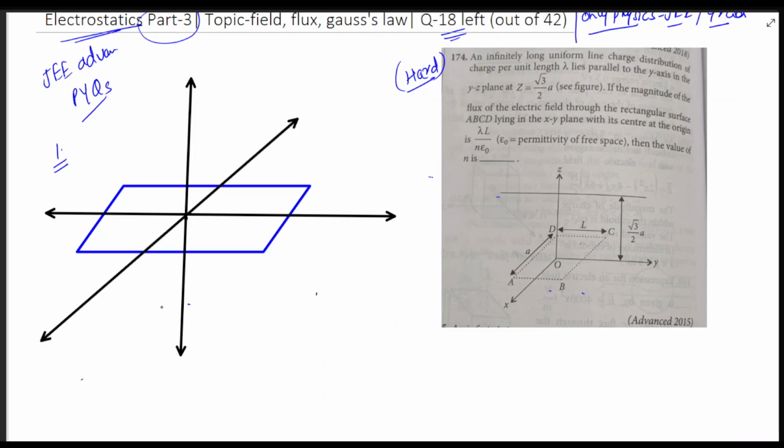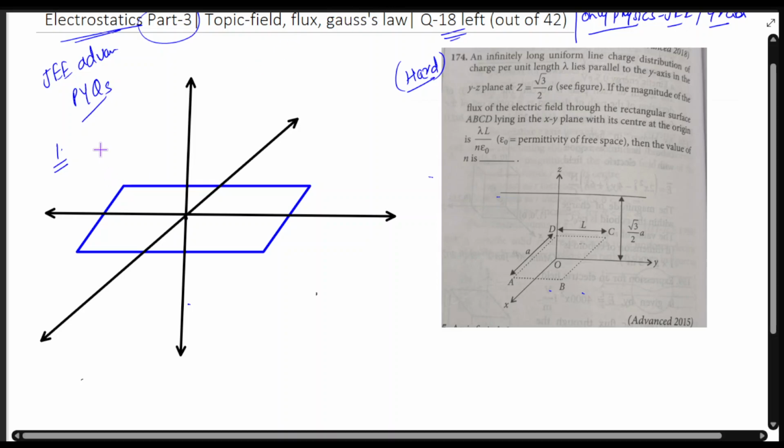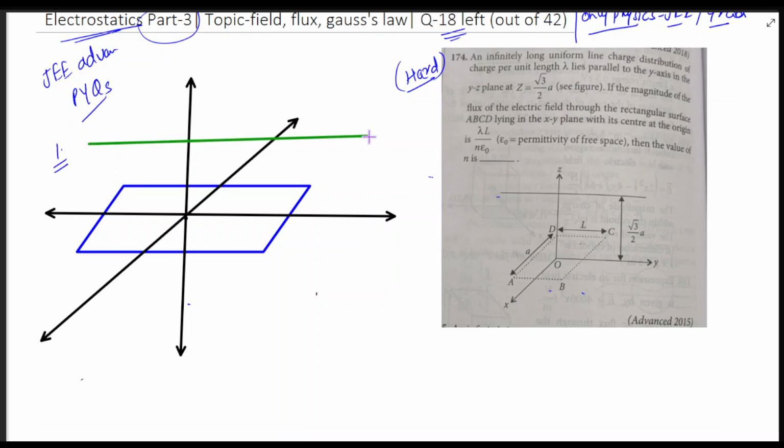And this is our wire. It has a charge density of lambda.